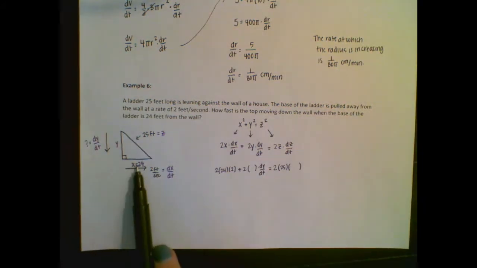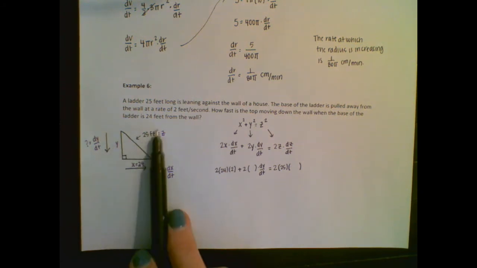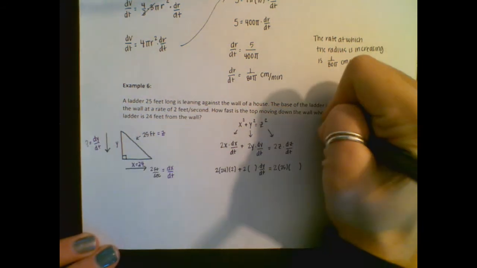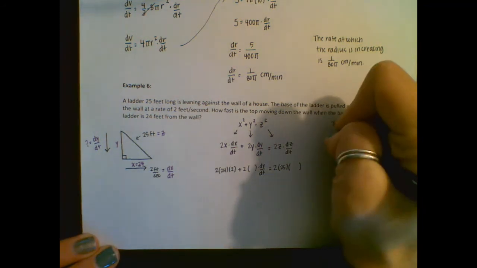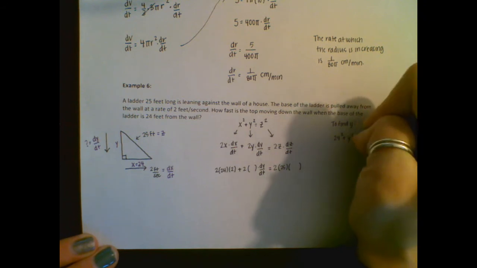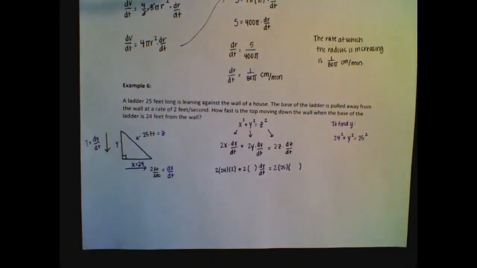Well, if we have two lengths of a right triangle, we can definitely solve for y here. So I can do just the Pythagorean theorem to figure out what y is. So I'm going to set up my x squared, so 24 squared, plus my y squared is equal to my hypotenuse squared, so 25 squared. And then I'm just going to quickly calculate that.